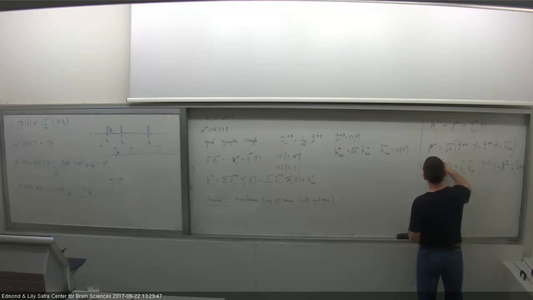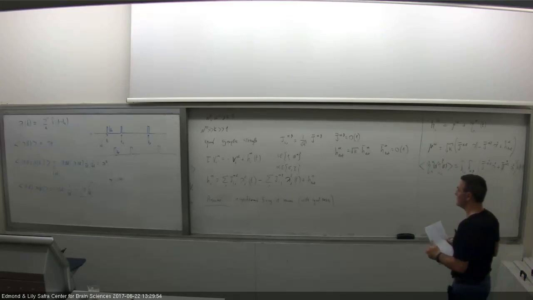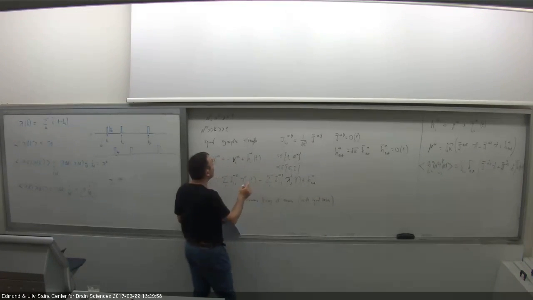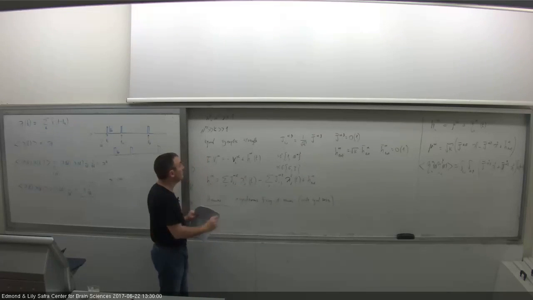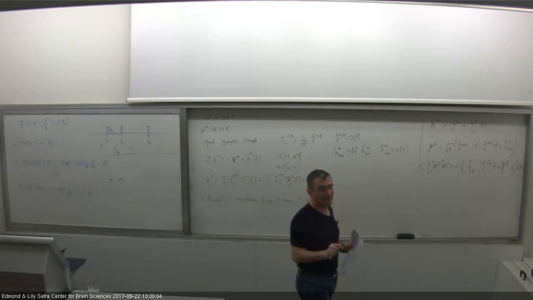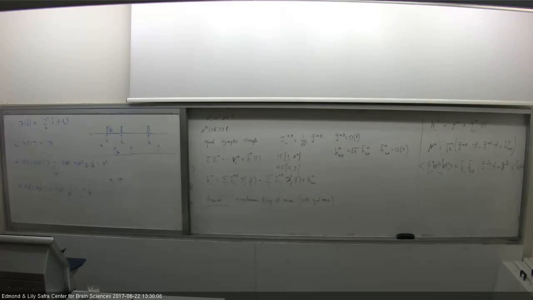So here we have t prime. You have k in both. Here, for the sake of argument, I'm going to assume that each neuron receives exactly k excitatory inputs and exactly k inhibitory inputs. Same number, exactly the same number.